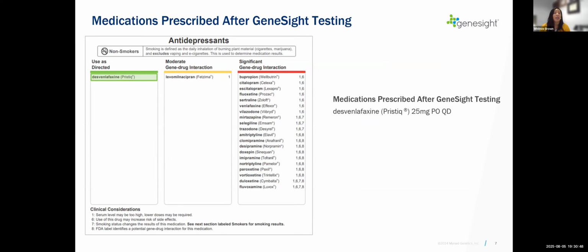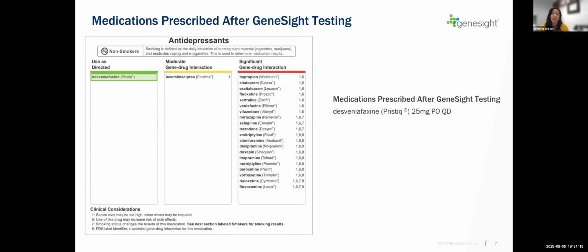But in the GeneSight report, when we came back to look at the results for antidepressants, we looked at the non-smoker pages, and you'll see here under the use as directed category highlighted in green, there was one medication on the list, and that was Pristiq or desvenlafaxine. And this is a medication that we ended up putting the patient on after carefully considering all the factors in place and tapering her off of the other medications.